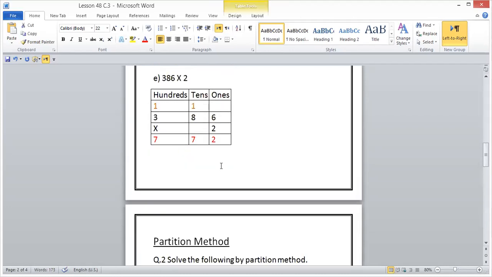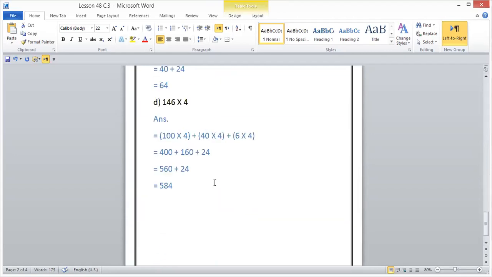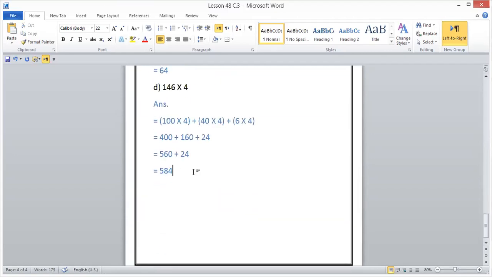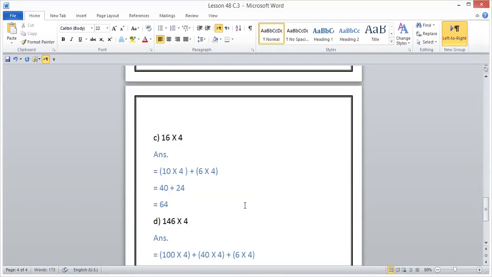The answer is 584. Here also the answer is 584. So this is the same. Clear guys? Yes, sir. It's very easy. Very good. So 146 multiplied by 4 is equal to 584. Now we will complete question number E.